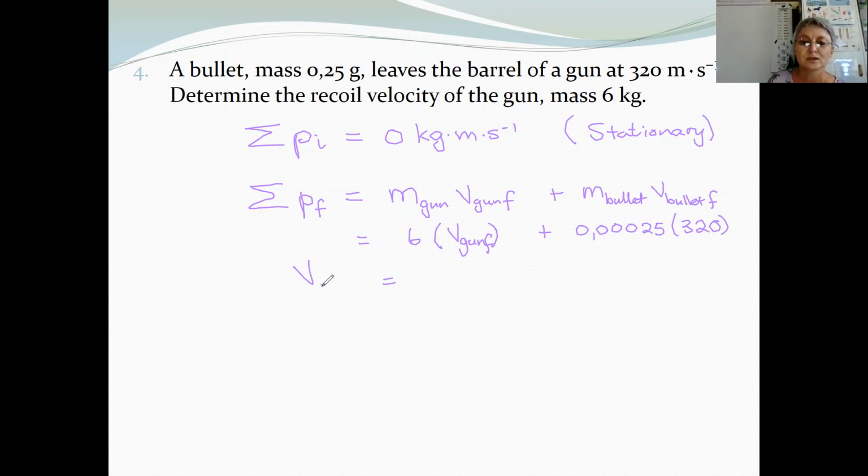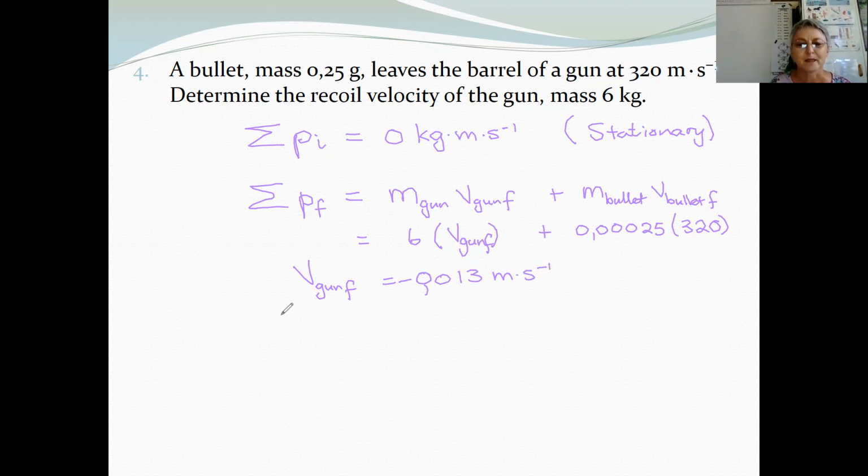So the velocity of the gun after the shot was fired is 0.00025 times 320, divided by 6, and we get a more realistic answer here, 0.013 meters per second. So it's negative 0.013 meters per second.